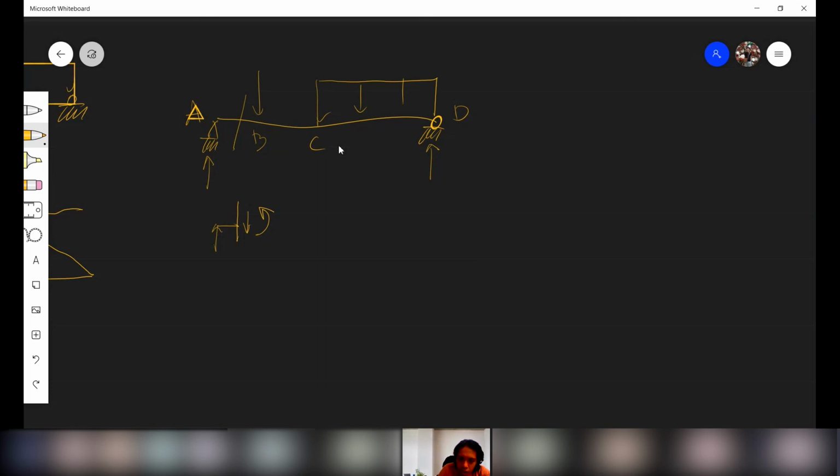Then you get the equation for shear and the equation for moment. If x is equal to 0, what's the value of shear? What's the value of moment? If x is equal to x sub 1, you get the value of V, you get the value of M. Then you plot them.